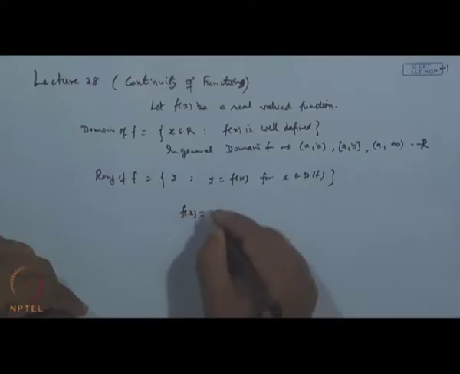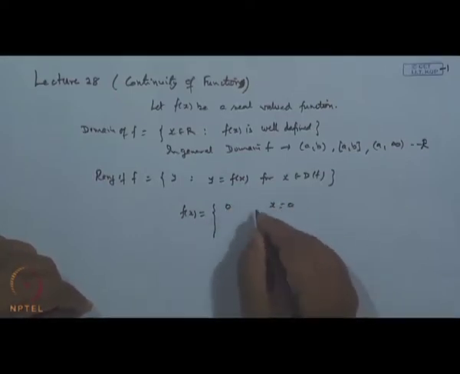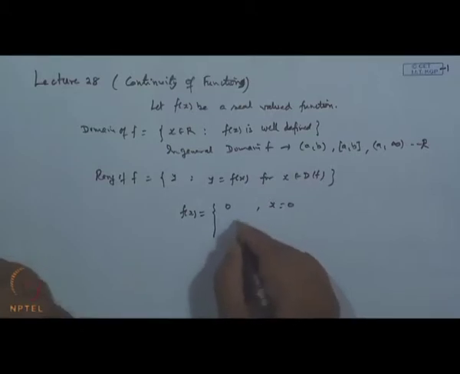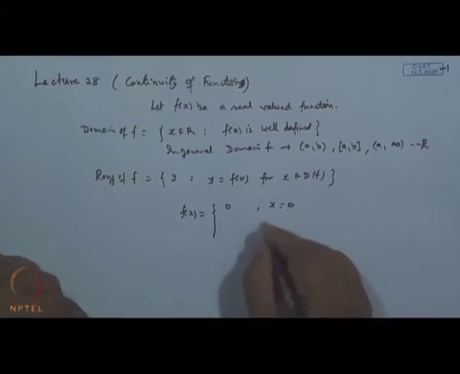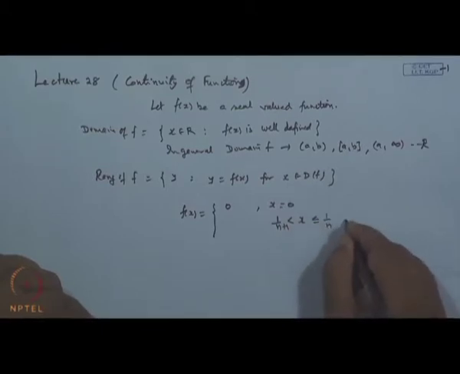For example, say f x is 0 when x is 0, and f x is equal to 1 by n when x lies between 1 by n plus 1 and 1 by n, that is, 1 by n plus 1 less than x less than or equal to 1 by n, where n is an integer greater than or equal to 2.